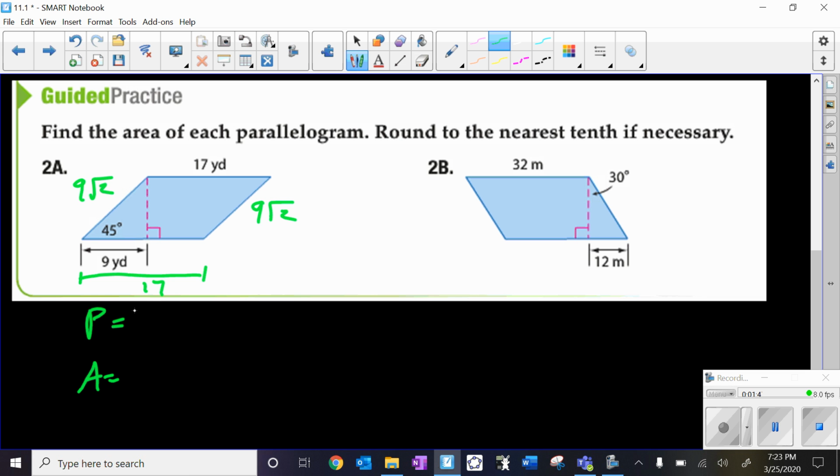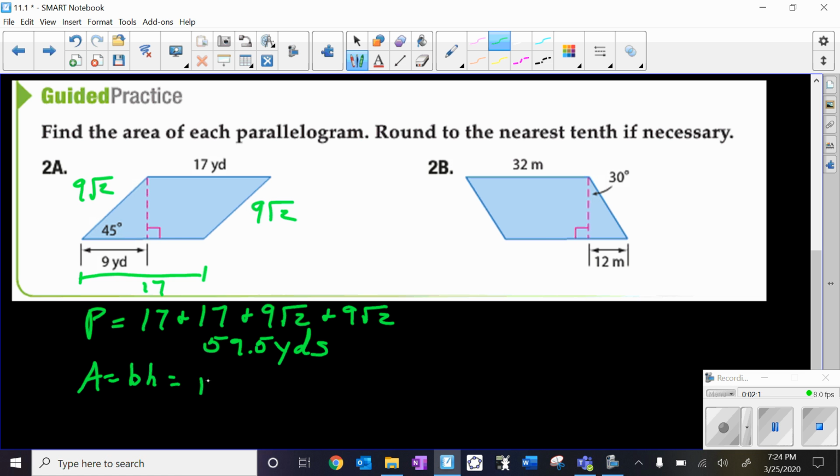So for your perimeter, you're going to take 17 plus 17 plus 9 square root of 2 plus 9 square root of 2. And that will give you a perimeter of approximately 59.5 yards. And then as far as your area goes, your area is still the base times height.